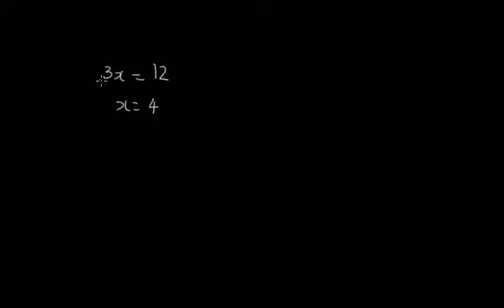So everything that's on this side of the equation has to be moved onto that side. And what you do to one side, you always do to the other side, so it's always equal. If we divide both sides by 3, we're not changing the value of x. You can think of it as a balance.